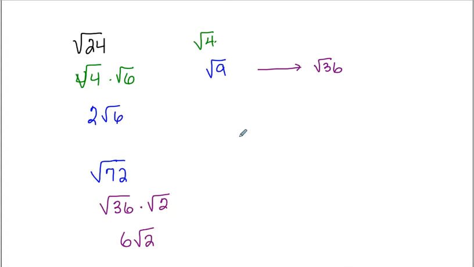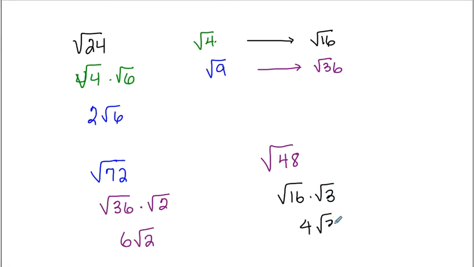All right, let's talk about other numbers like the square root of 48. Most kids clearly see 4 goes into that. And that's true, but 4 is not the biggest. So when these numbers are bigger, you want to try other numbers. So if 4 goes into it, I always tell students, check 16. Does 16 go into 48? Well, it does. It goes in 3 times. So I can simplify this to 4 rad 3.